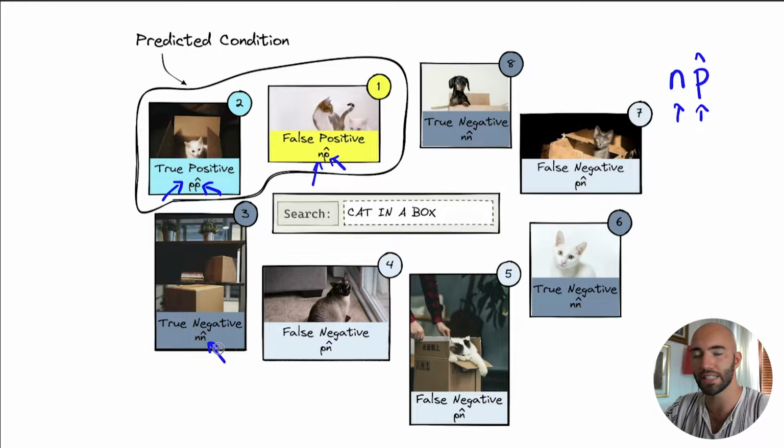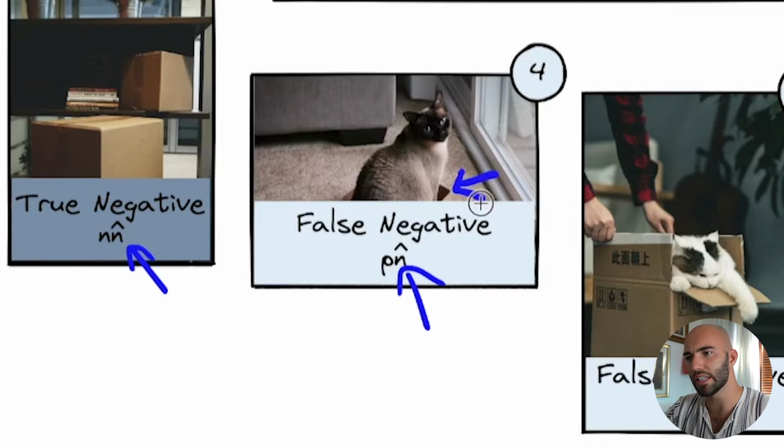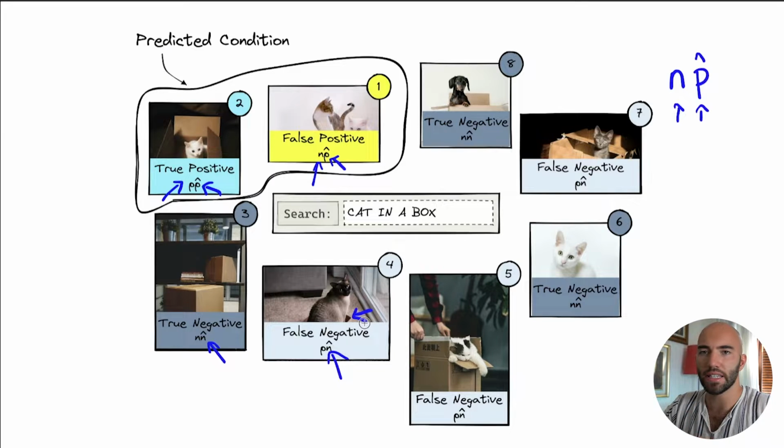This is a true negative because the actual condition is negative, and so is the predicted condition. If we go a little further, we have some negative results, although you can't really see the box here. You can just see it in the image there. This is a false negative because the cat is actually in a box, and the information retrieval system has predicted this is not relevant when it is actually relevant.